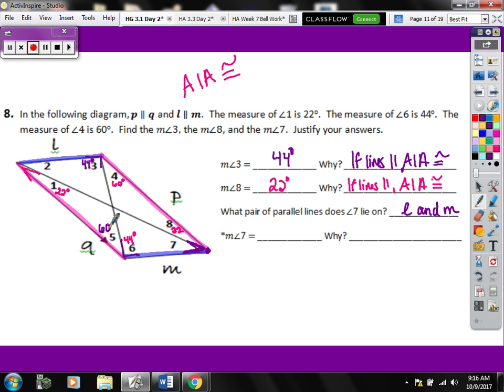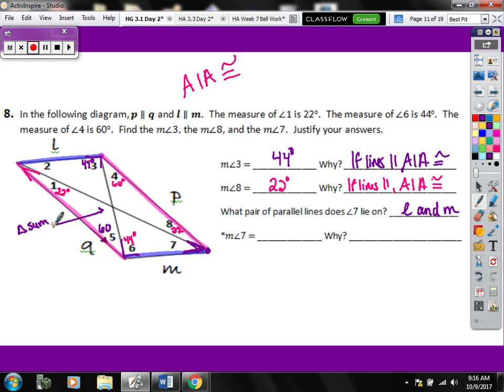And at that point, or even at this point, doesn't matter, I would be able to find out this middle angle using triangle sum. Might help me. You also can use same side interior angles.